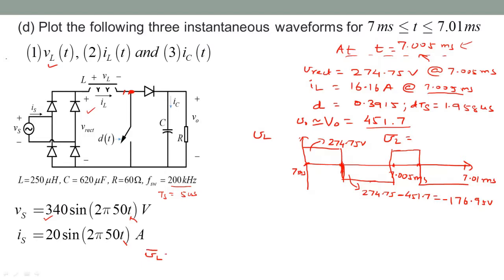VL average would be 274.75 times the duration D of 0.3915 minus this 176.95, the value for the duration of 1 minus D, it's 1 minus 0.3915. You calculate that. So I think that came out to be negative 40 something.